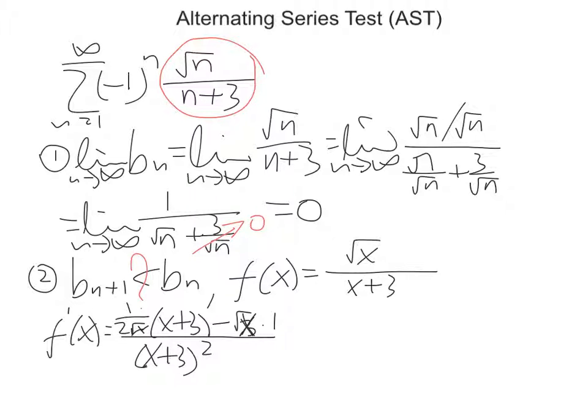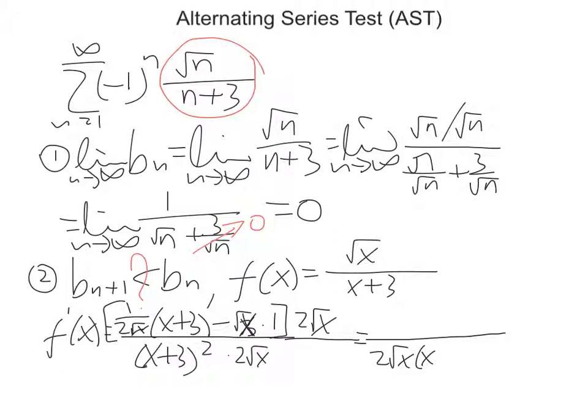And now I'd like to simplify this before we carry the discussion a little bit further. I am going to multiply the top and the bottom by 2 square root of x. Now I will have 2 square root of x times (x plus 3) quantity squared in the denominator. On the numerator, let's look into these two terms. We are going to distribute this item through the brackets.